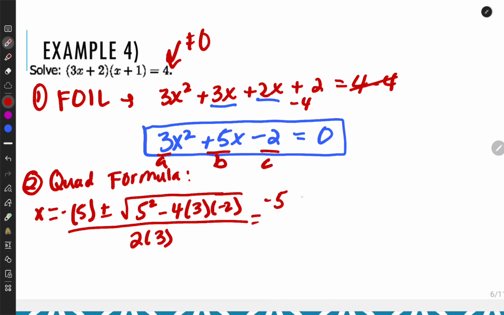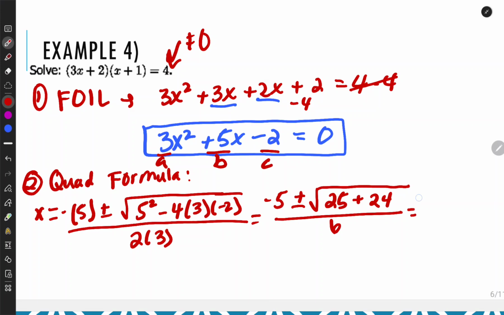So that gives us negative 5 plus or minus the square root of 25 plus, and that's 24, all over 6. 25 plus 24 gives us 49, so this equals negative 5 plus or minus the square root of 49 all over 6.